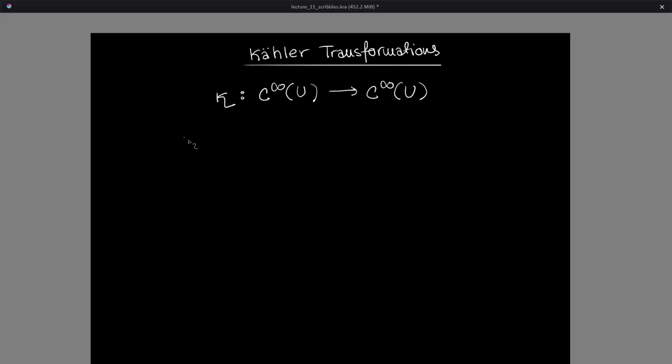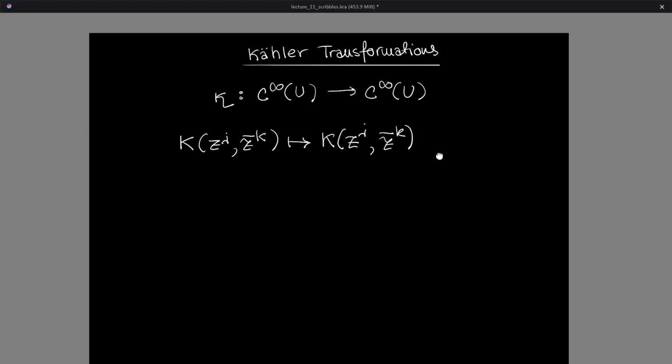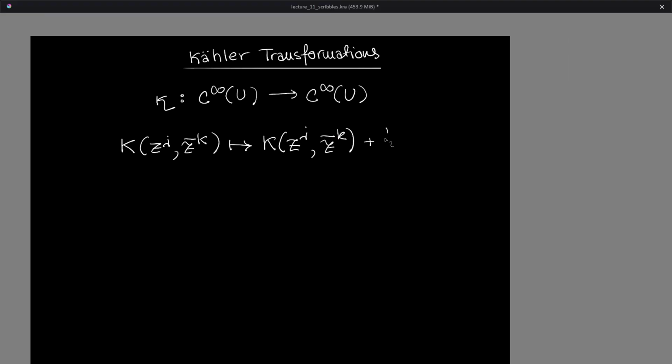It will take a function K of z_j, z bar k to K of z_j, z bar k plus f of z_j plus f bar of z bar k. That's a Kähler transformation. So this is kappa.